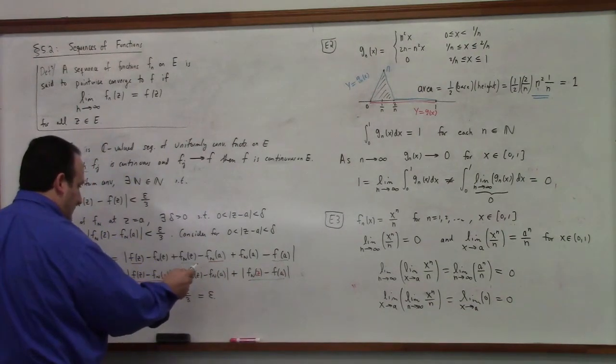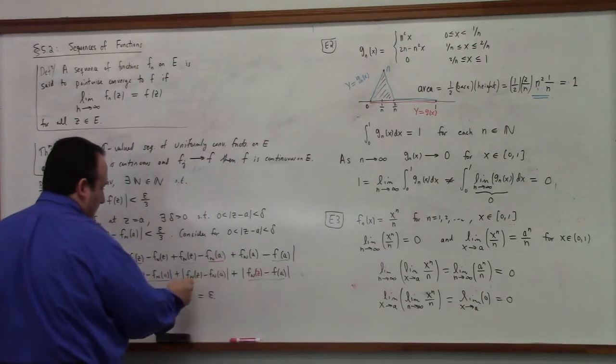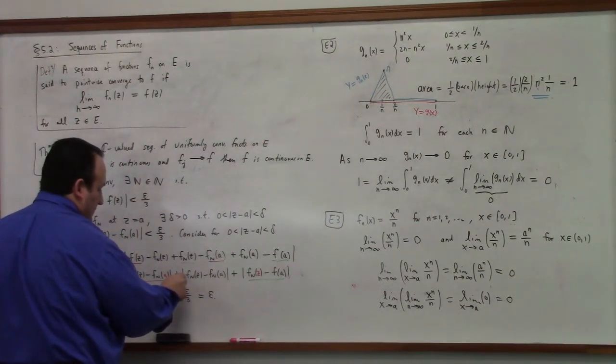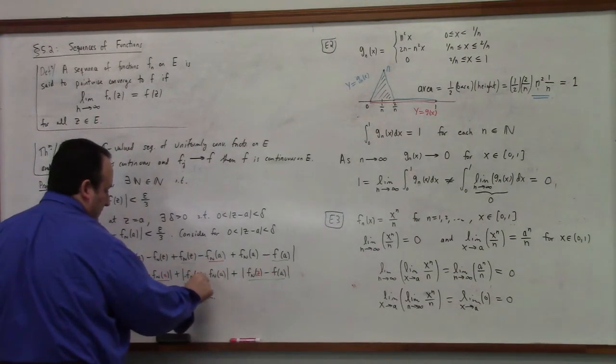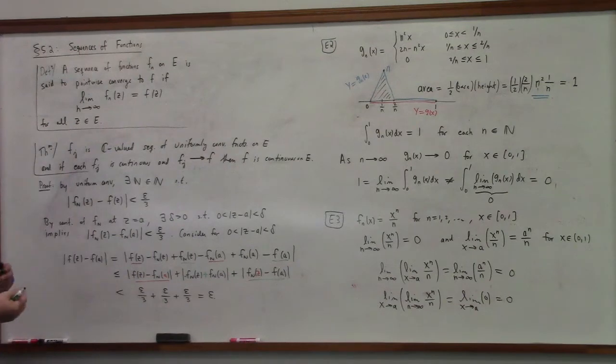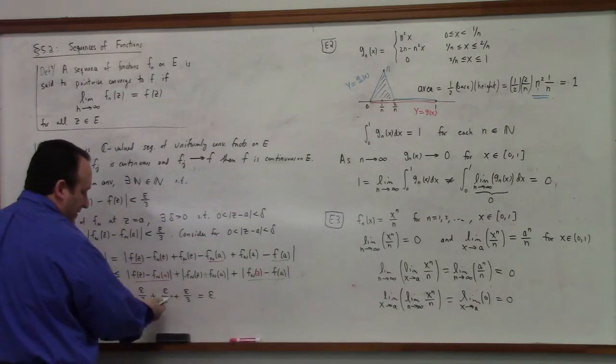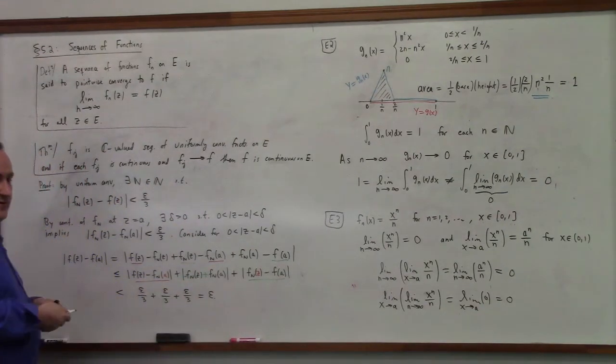The tricky thing is that we can put a minus here and a plus here, but because we're inside the absolute value, we can pull the minus out and change it to what I had. Then if we have this n and this delta, all three of these are bounded by epsilon over 3, epsilon over 3, epsilon over 3.